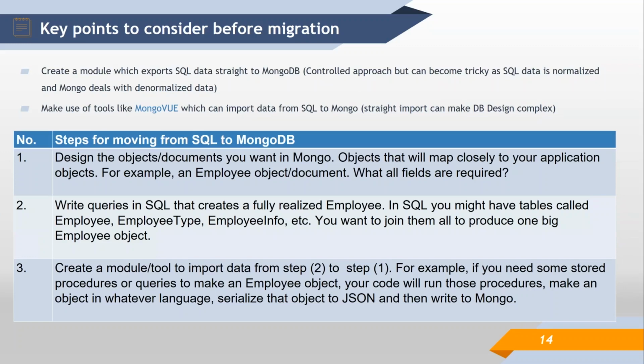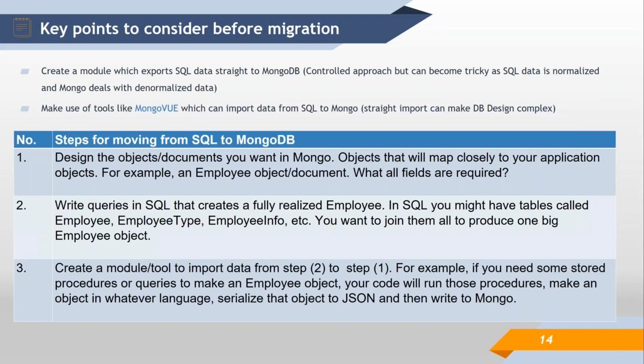It is a good approach because it is more controlled: you have more control over which data you want to transfer, or export, to say it properly, and how you want to export it. But it can become very tricky because SQL data is normalized and Mongo deals with denormalized data. That is one of the major factors any DB architect should consider while migrating.